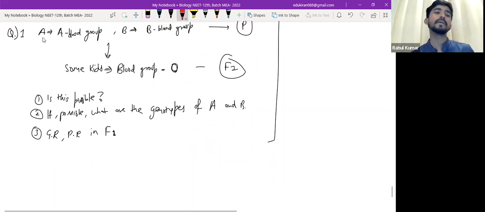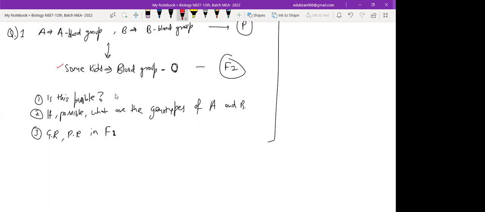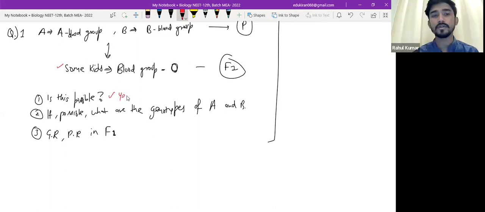So first tell me, if parent A's blood group is A and the other parent's blood group is B, and it is given that some kids have blood group O, first thing, is it possible? Yes, it is possible. And if it is possible, then what will be the genotype of parent A?